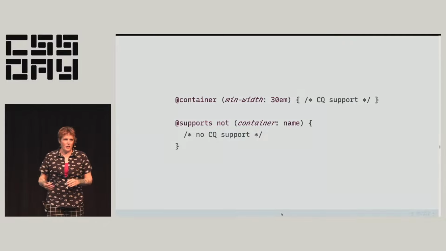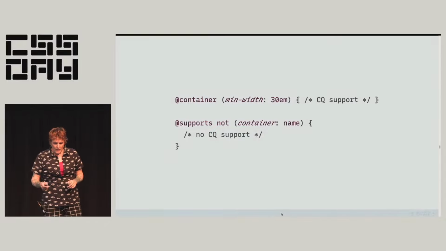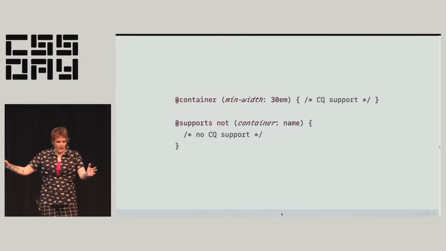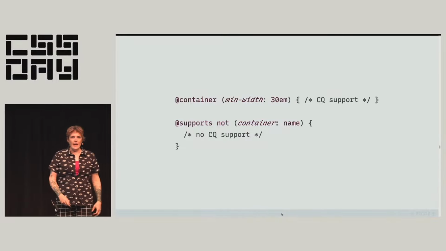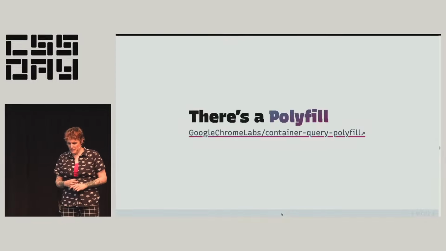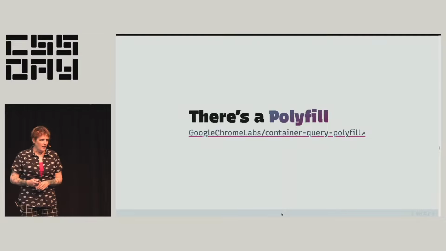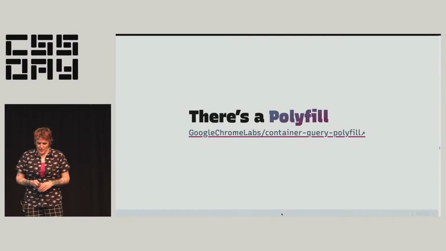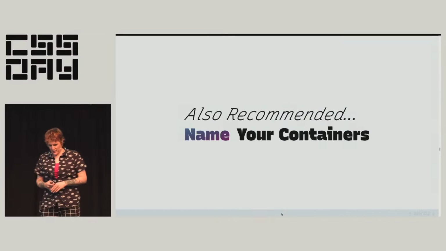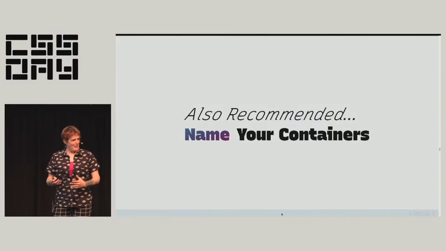You can put any value in there, really. Supports not container, that can be your negative for things that should be applied when container queries are not supported. There's also a polyfill from the Google Chrome Labs. So you can use that if you're the polyfilling sort. I don't know what that says about you.